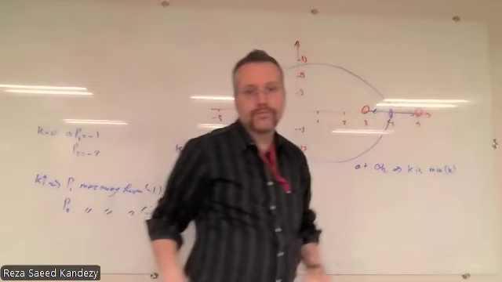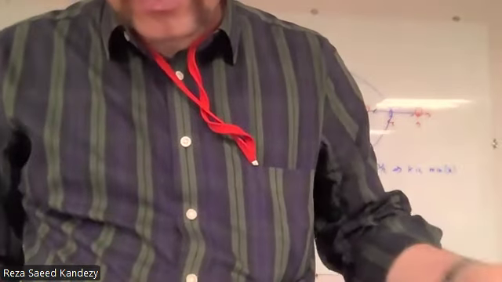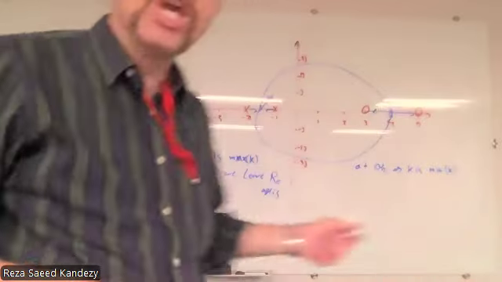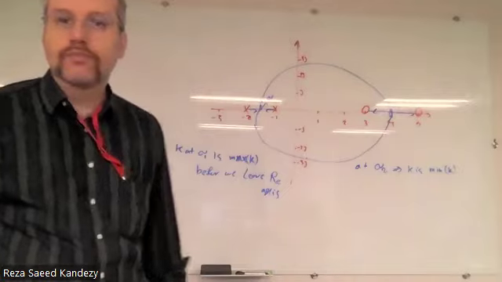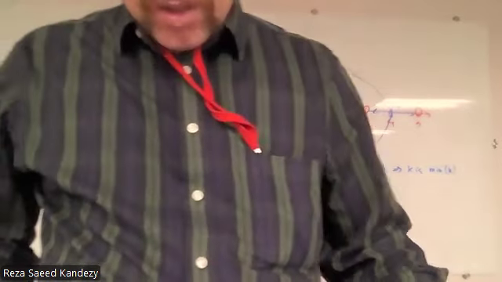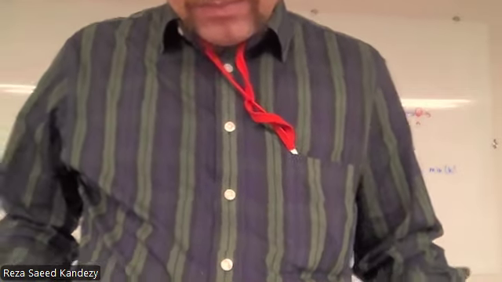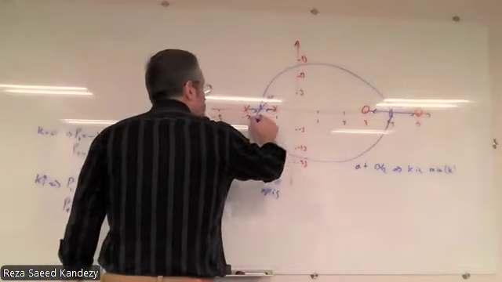Are we good? So how can we find the K when the delta 1 is leaving?